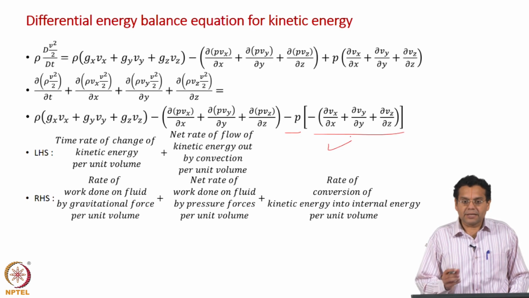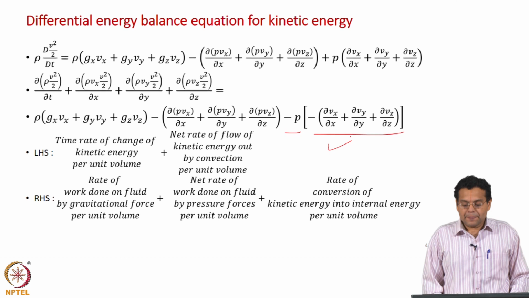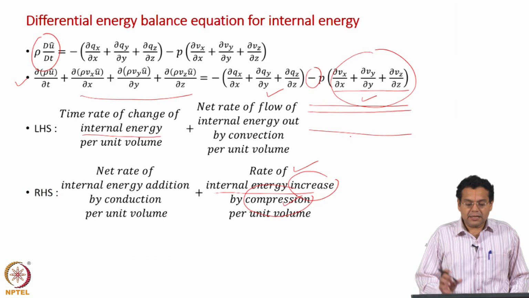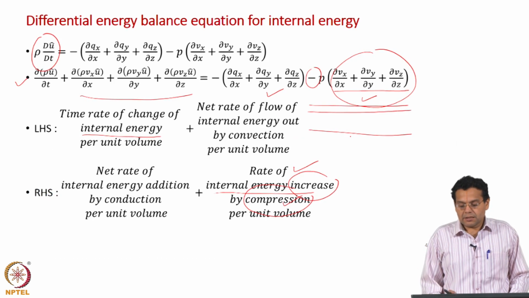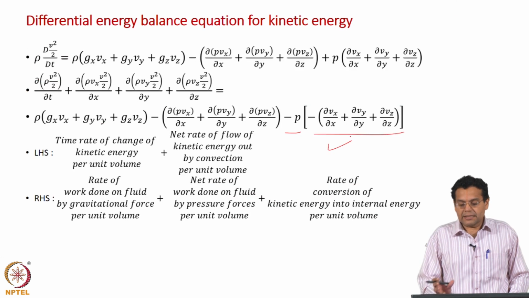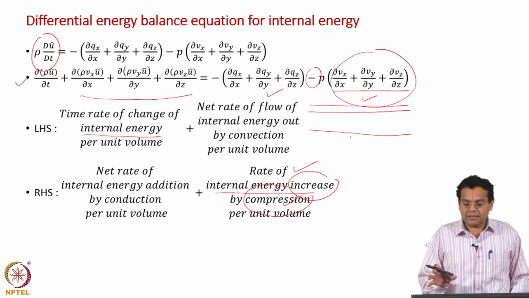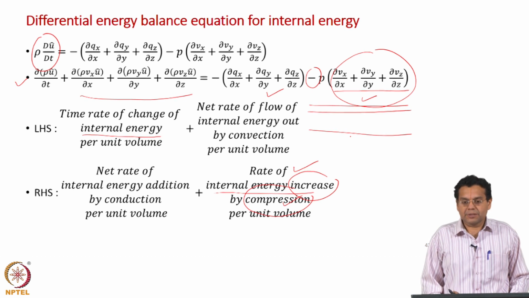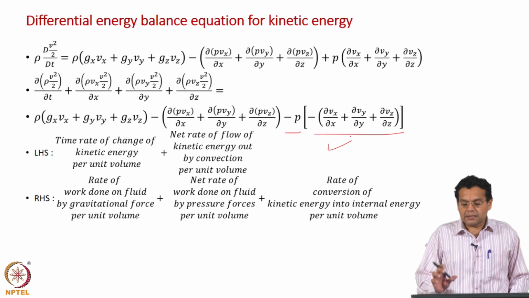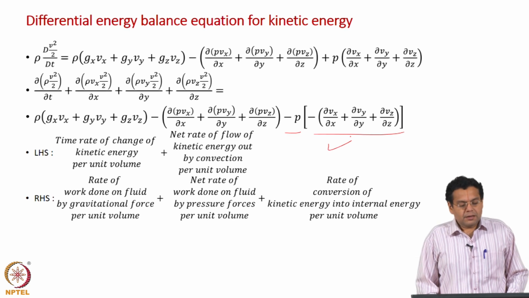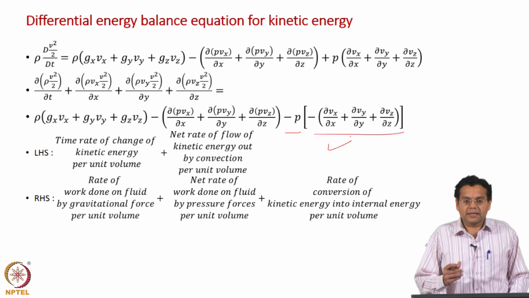It will be negative, which means that the increase in internal energy is because of a decrease in the kinetic energy. That compression adds to the right hand side of the internal energy equation, it results in subtraction in the right hand side of kinetic energy equation, which means that there is a conversion of kinetic energy to internal energy.